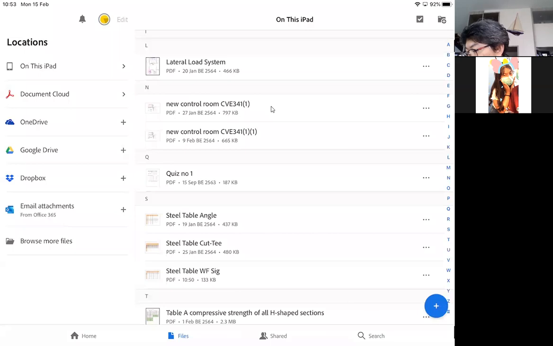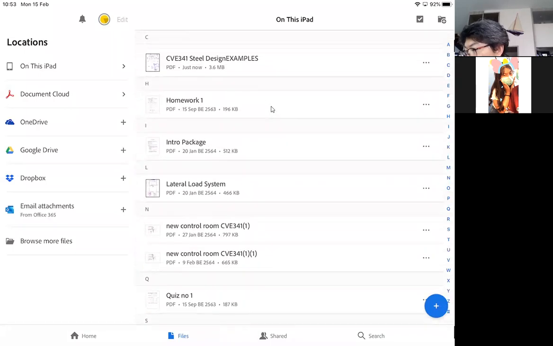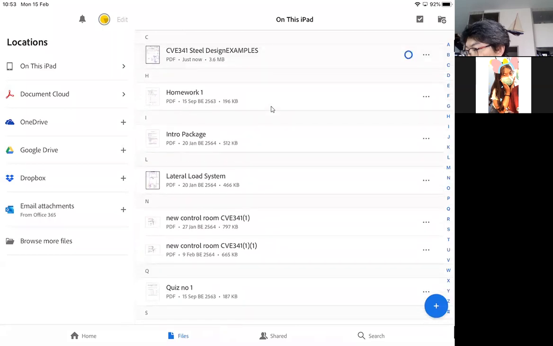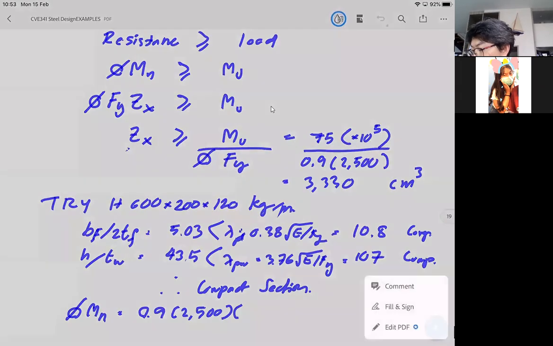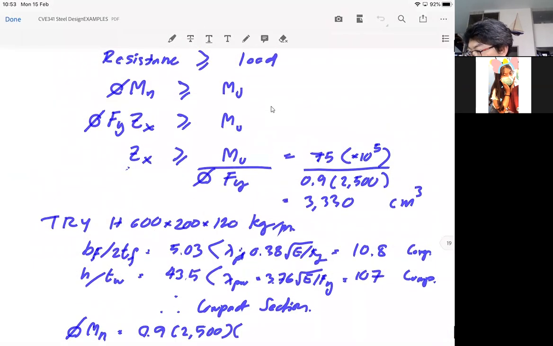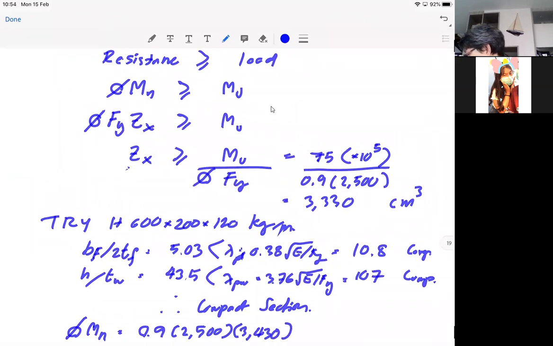Come back here. 3430 it is. And I can divide it by 10 to the power of 5, and I will have 77.2 ton meter roughly.